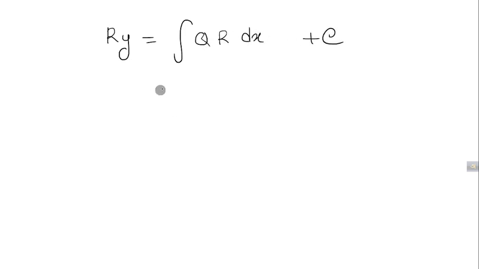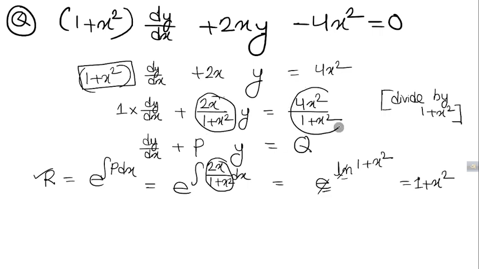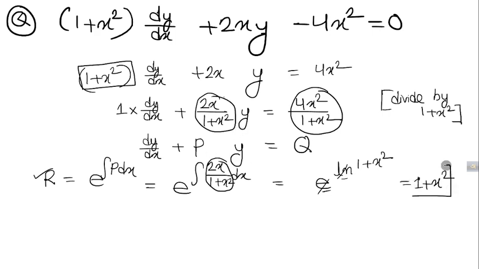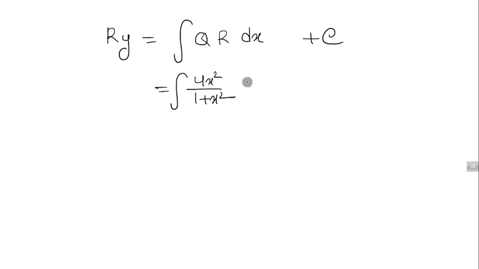So now q is equal to 4x square divided by 1 plus x square, and our r is equal to 1 plus x square. If you see, 1 plus x square and 1 plus x square cancel out, and if you integrate this term, you will have 4x cubed divided by 3.